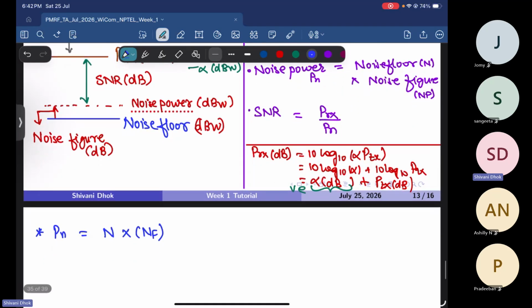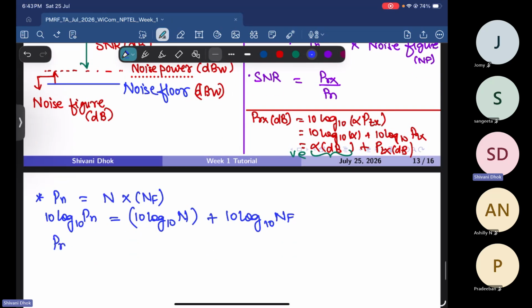Right. So again, when you convert it to dBW, 10 log Pn to the base 10 will be equal to 10 log N to the base 10 plus 10 log Nf to the base 10.